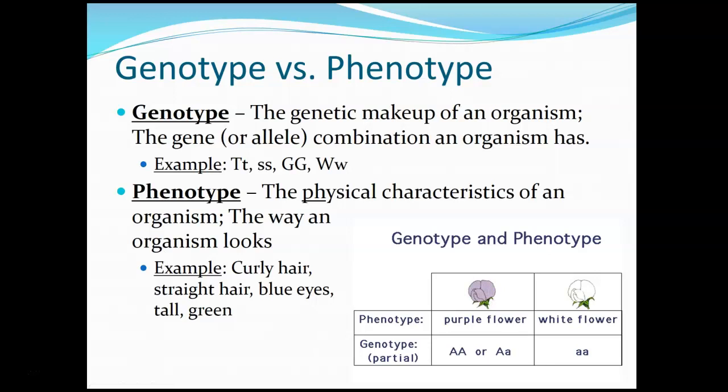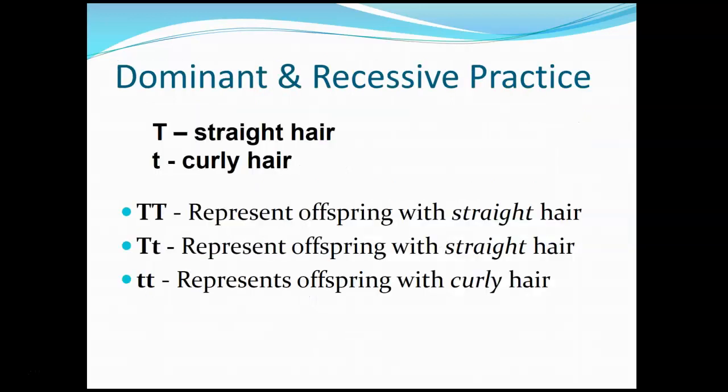The genotype is what your genes are, what alleles you have. Your phenotype is how it looks on the individual. So let's go back here. The genotype for this individual is two capital T's, which means they have two dominant alleles for straight hair. Here, this is called heterozygous, which means they have two different alleles: the dominant allele for straight hair and the recessive allele for curly hair.